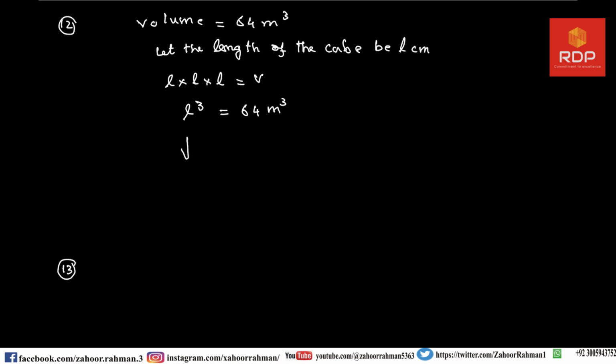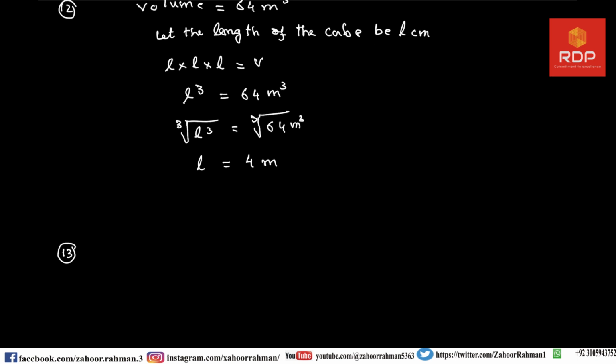So taking the cube root on both sides, we will get this equation like L is equal to 4 meter. So the length of one side is 4 meter. Now we have to find the surface area of the faces that will be coated with paint.